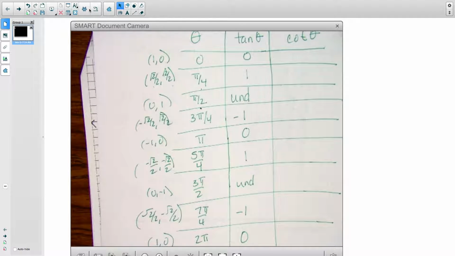Now cotangent is x over y. You fill that side in.